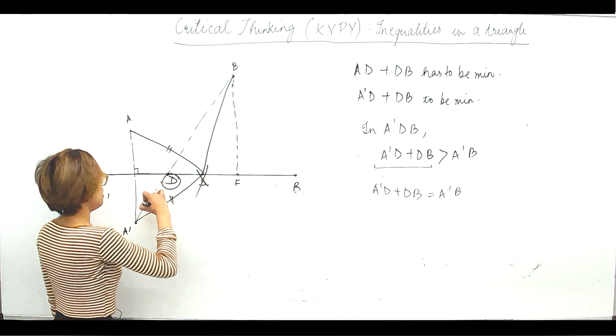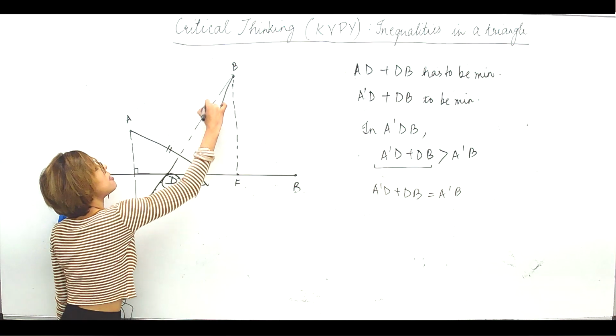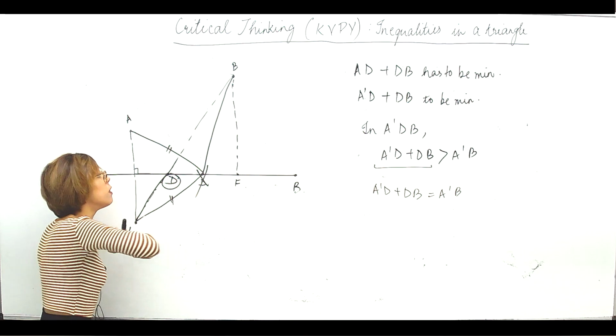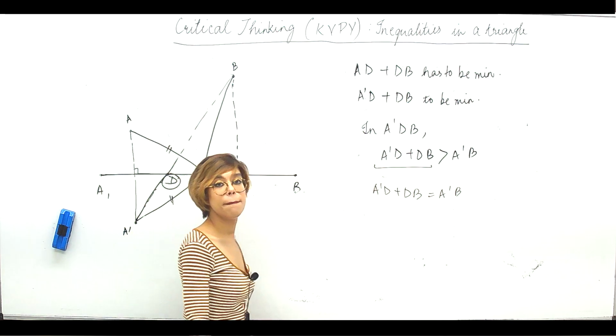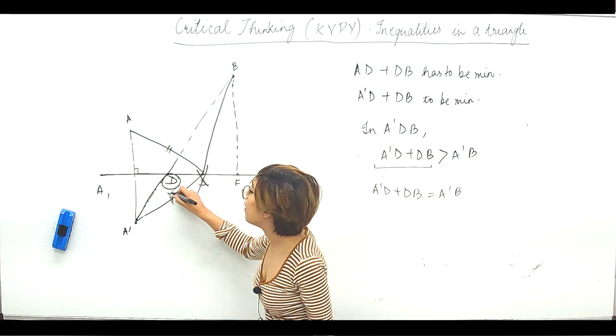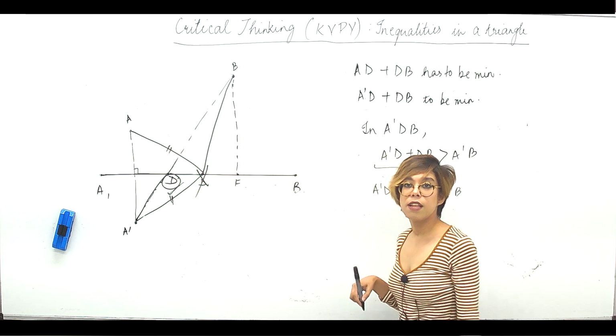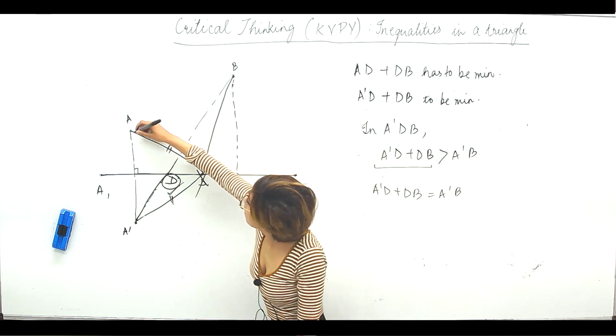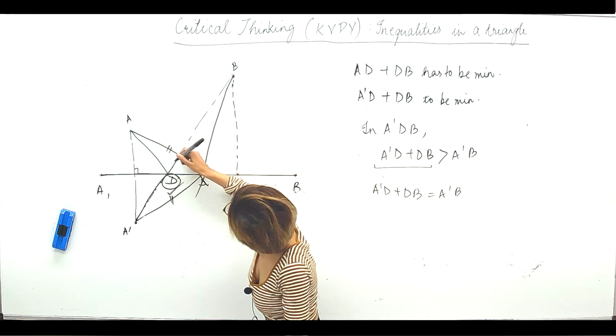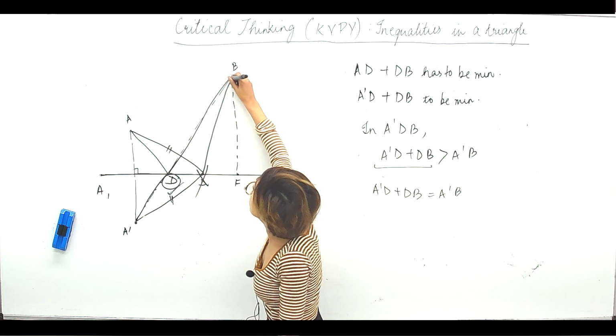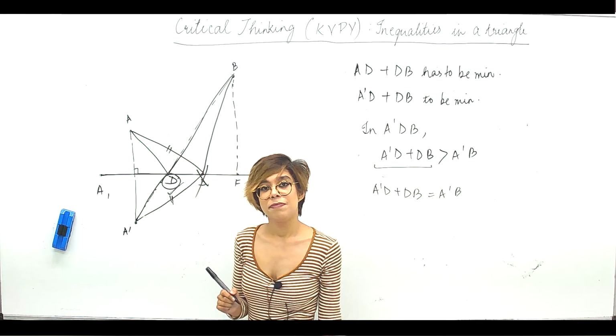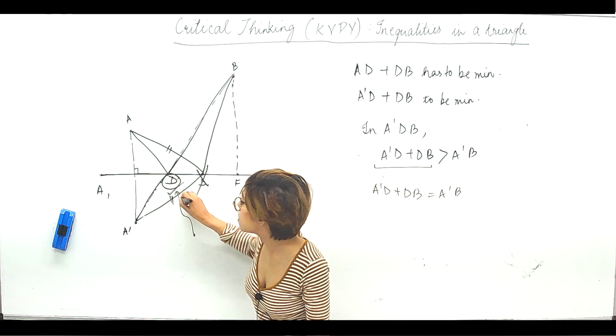Because this plus this is minimum now because they are on the same straight line. So D is the required point. Now you can see the distance, this plus this is actually minimum. You have located the point. This is your answer.